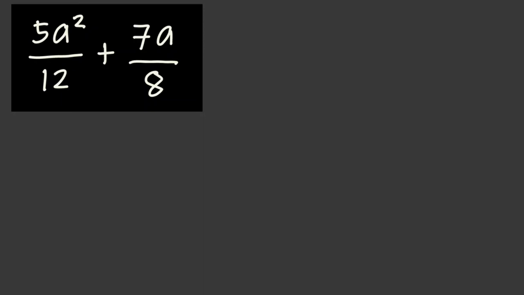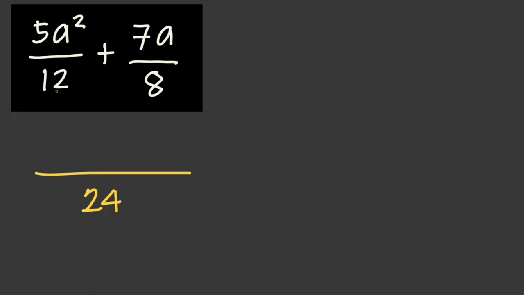In this case, our denominators for the two fractions are 12 and 8, so we find the smallest number that both 12 and 8 divide, and that is 24. We can use 24 as our LCD here. So our LCD is 24.